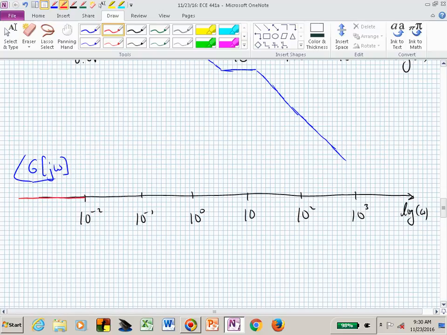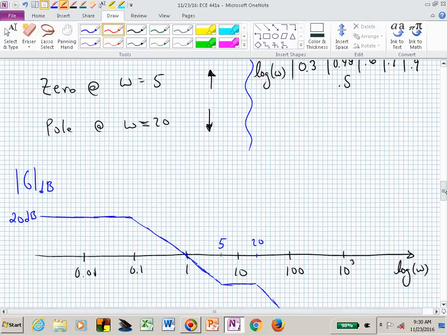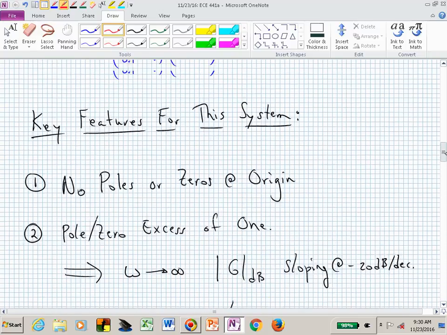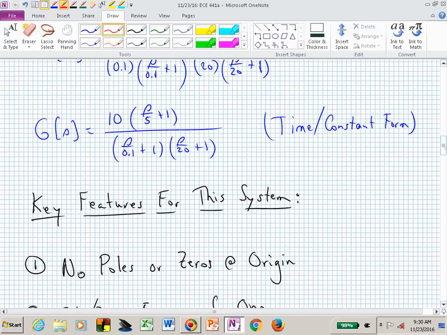What does the individual piece do to this pole at 0.1? Where does it eventually end up for high frequencies? What's its phase? I wanted to cover up the rest of that transfer function. I did it on my tablet. I hope you saw that on the screen.